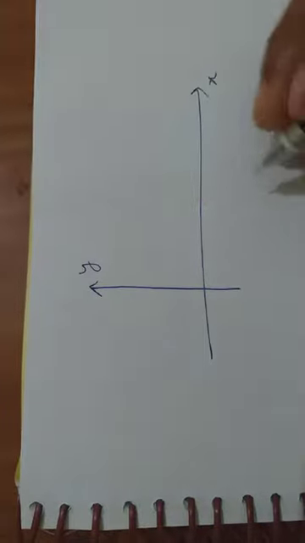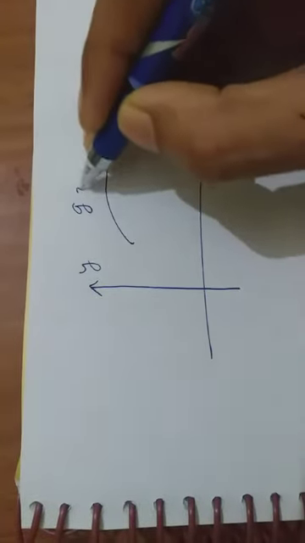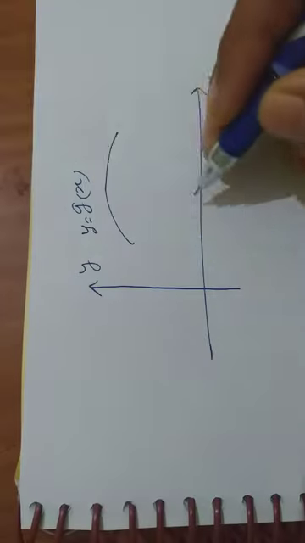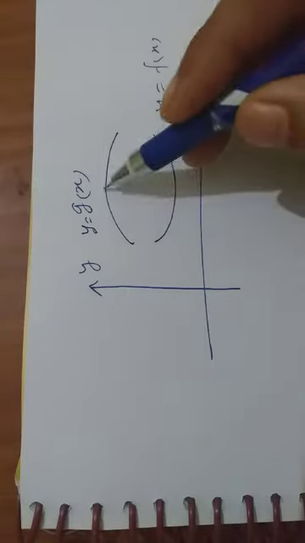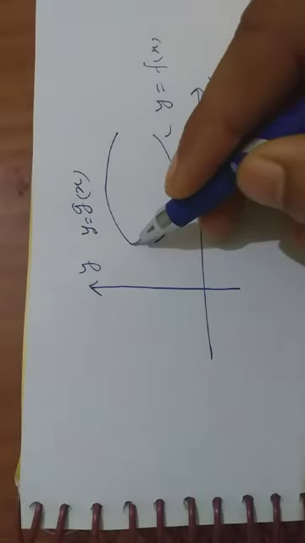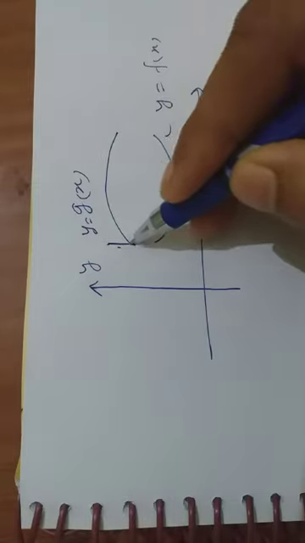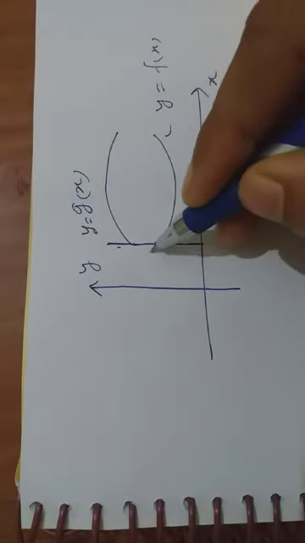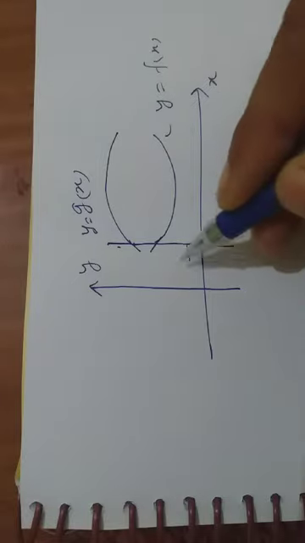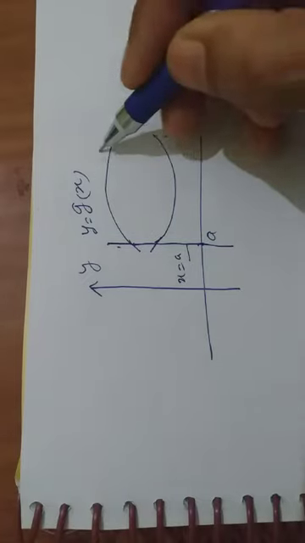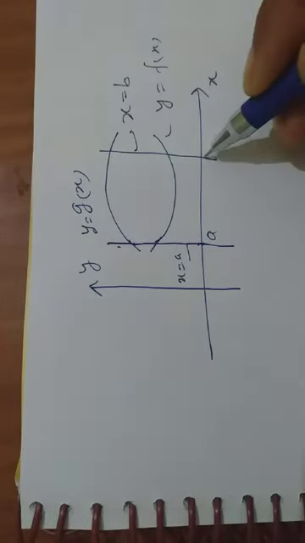So here is the case explained by the figure. Suppose this is the x-axis, this is the y-axis, this is the curve y equal to g(x), and this is the curve y equal to f(x). Here g(x) is greater than f(x), and this is the line x equal to a, and this is the line x equal to b.